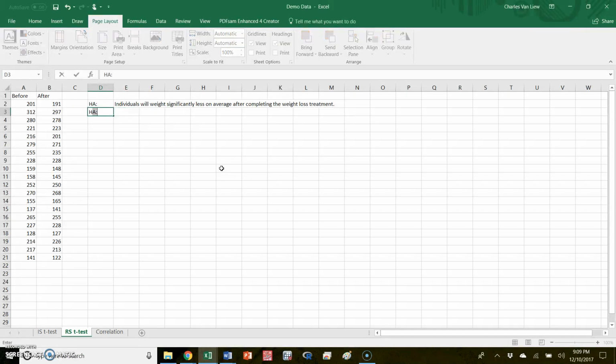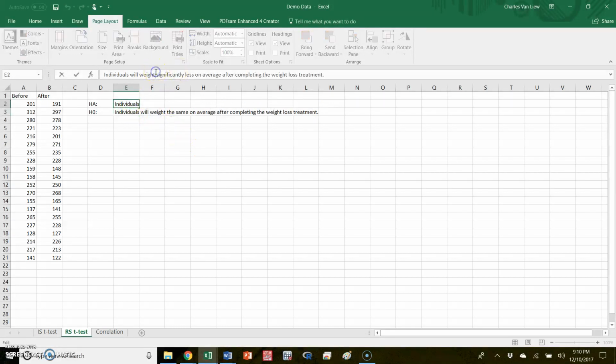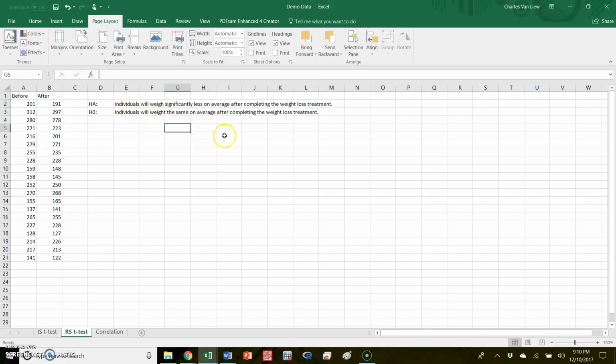Now, the null hypothesis says that that's not true. So the null hypothesis would say individuals will weigh the same on average after completing the weight loss treatment. So this is the alternate and null hypothesis.